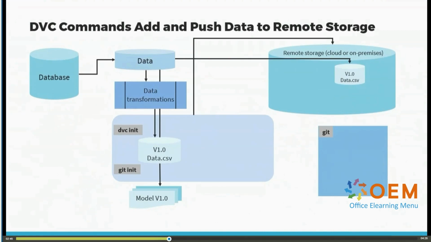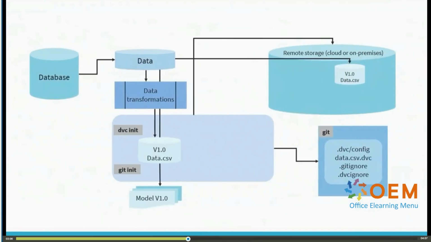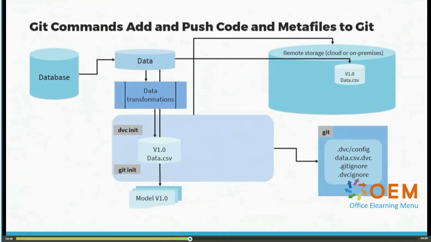In Git, on the other hand, there is an explicit distinction between the remote repository and the local repository. Git commit will only commit to the local repository. In order to send it out to the remote, we've got to run a git push. So again, we have dvc init, dvc add, and dvc push, but we don't have a dvc commit. DVC, of course, is only going to be used for the data and the artifacts, such as the saved model.